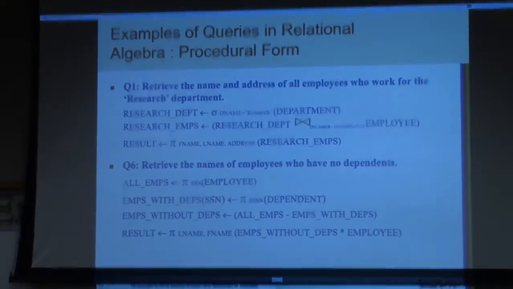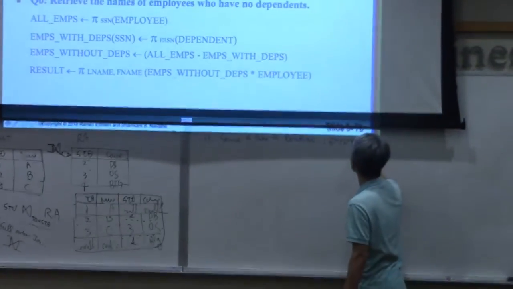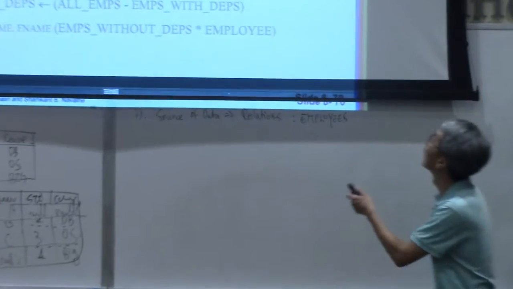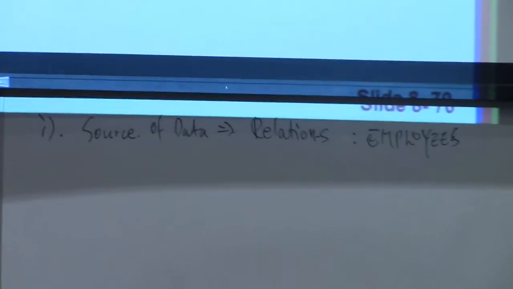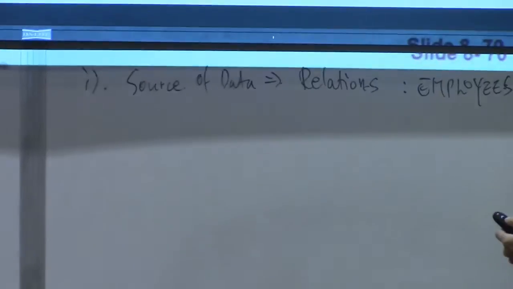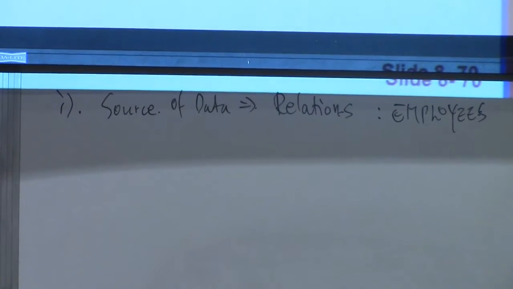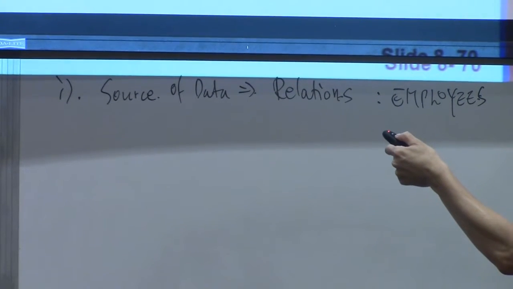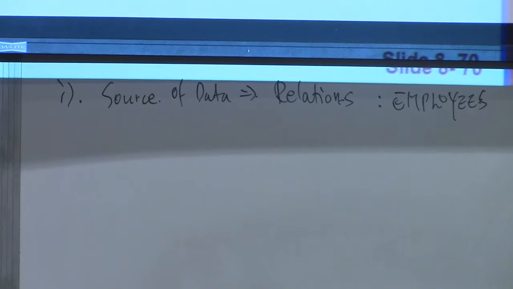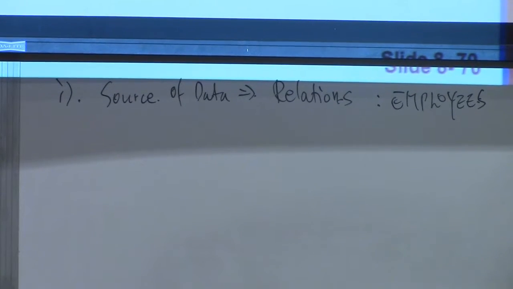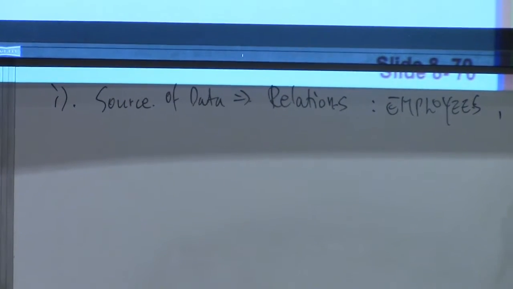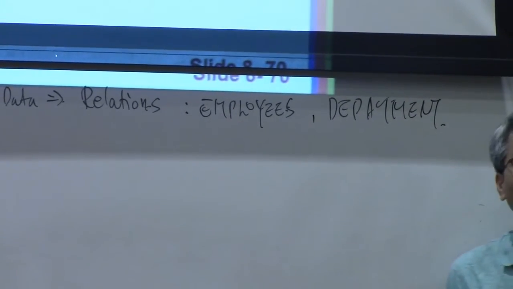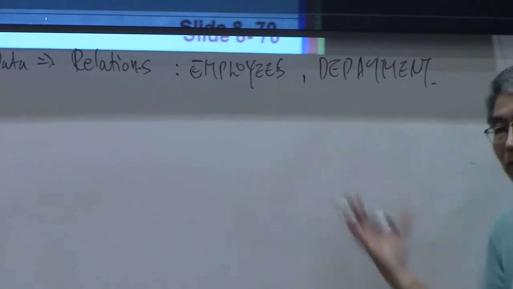Employee. Then, who work for the research department? You can get the department number only from the employee table. However, you cannot get the name of the department from employee. Where can you get the name of the department? Department.